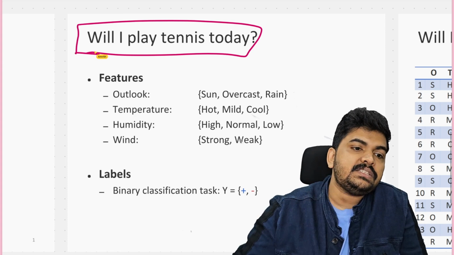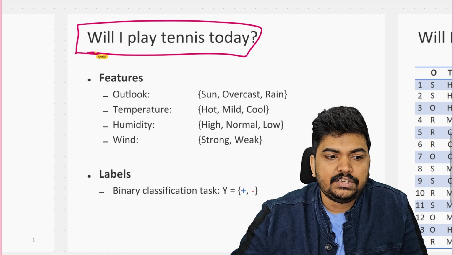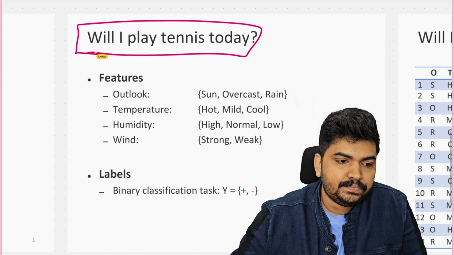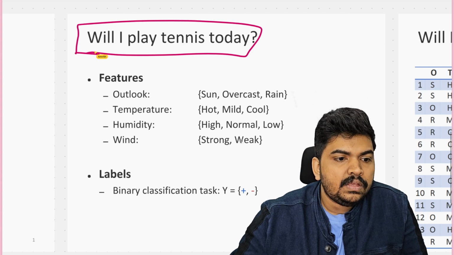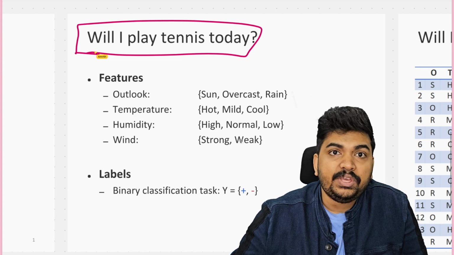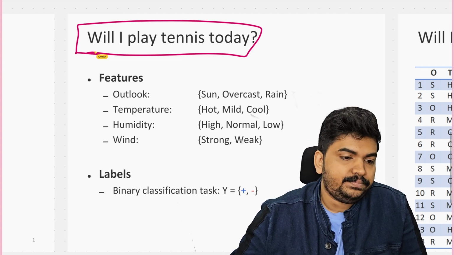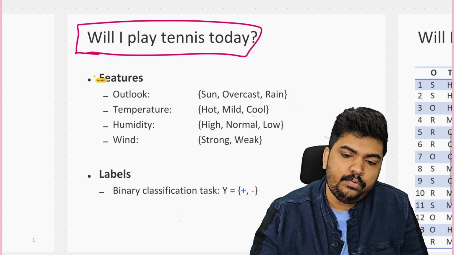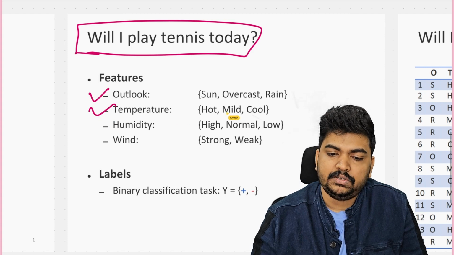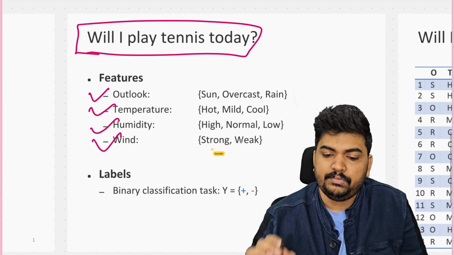The problem setting is as follows. Imagine that we need to decide whether to play tennis or not for a given day. Let's do that using decision trees. We are considering 4 features, all about the weather. The features are outlook with 3 values: sun, overcast, rain; temperature with hot, mild, cold; humidity with high, normal, low; and wind with strong and weak.